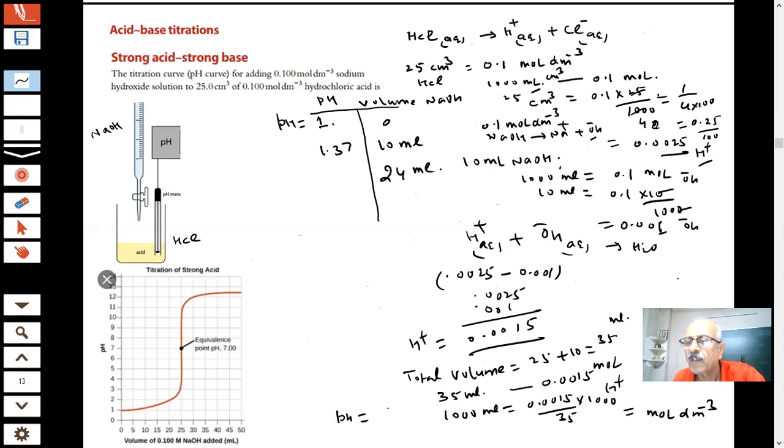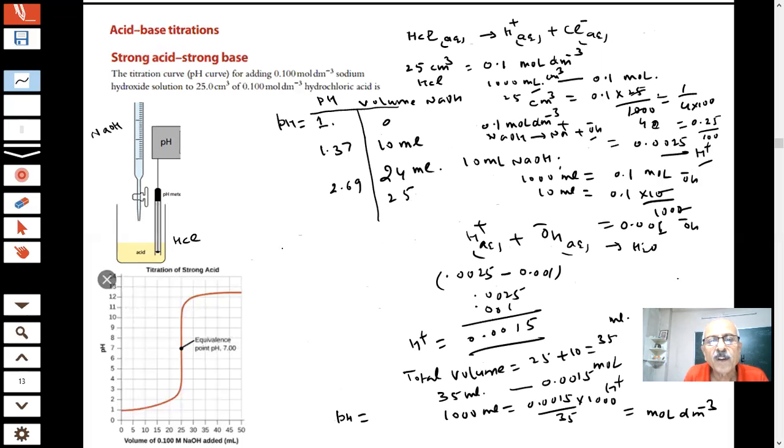If you add 25 milliliter of NaOH, the pH comes to be 2.69.